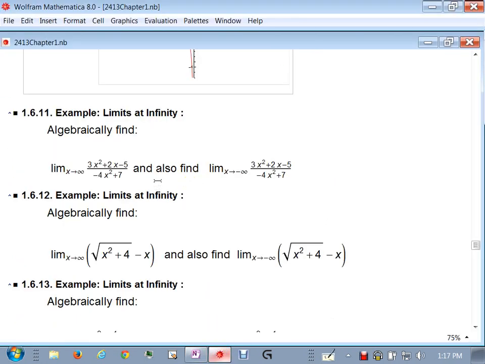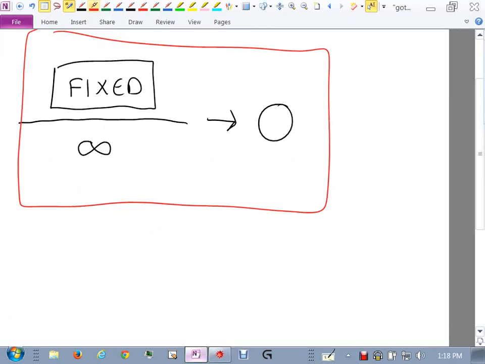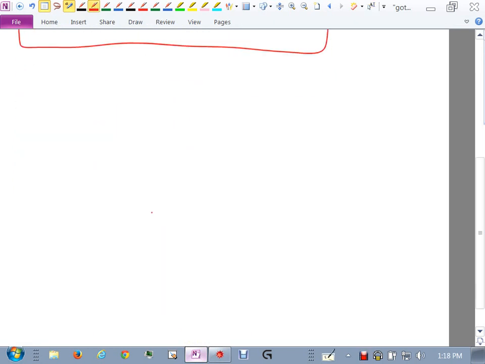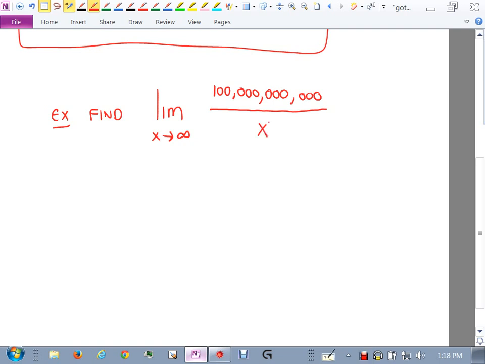I think I'll give you a couple more examples before I do that. So what about this? As an example, let's find the limit as x goes to infinity of 100 billion over x squared.